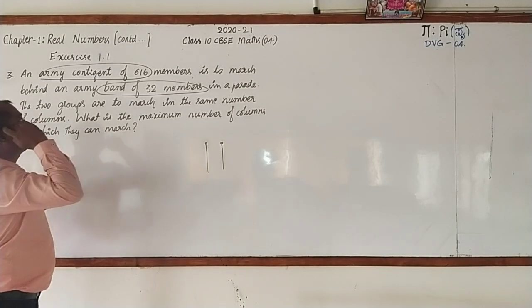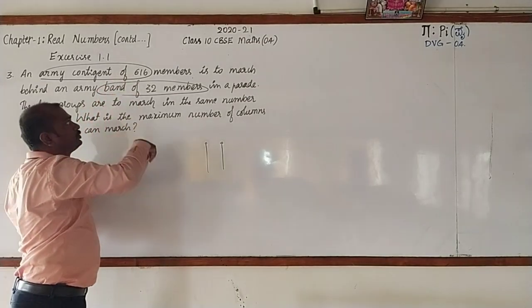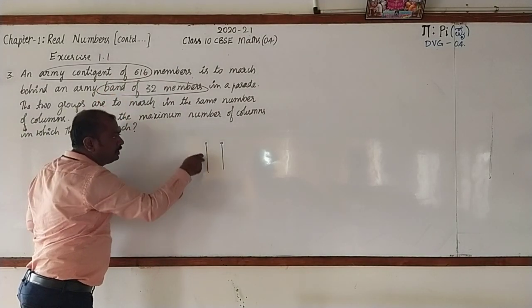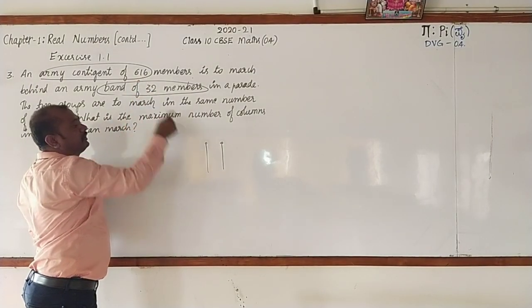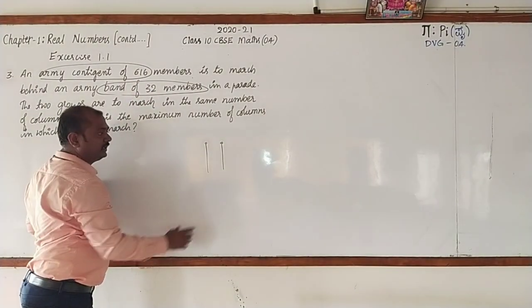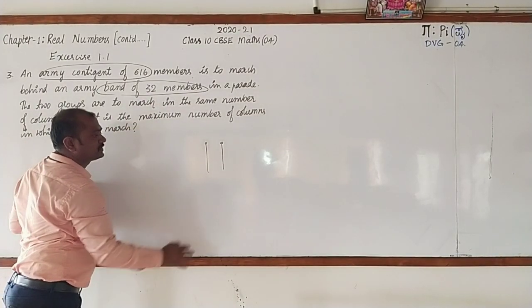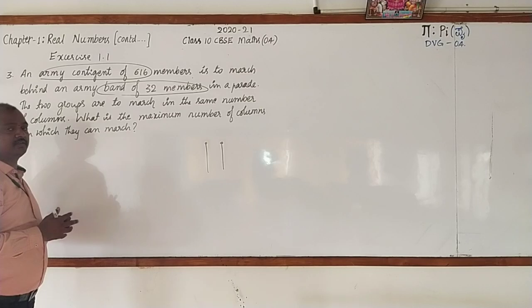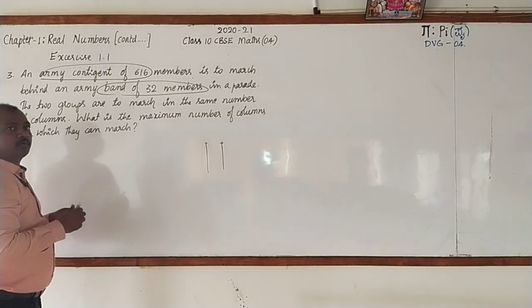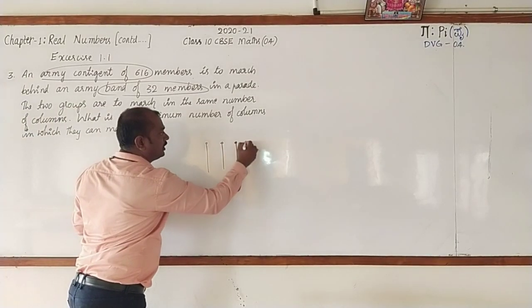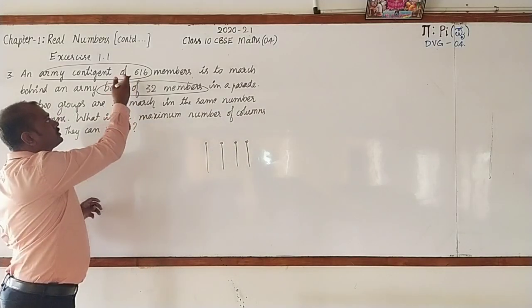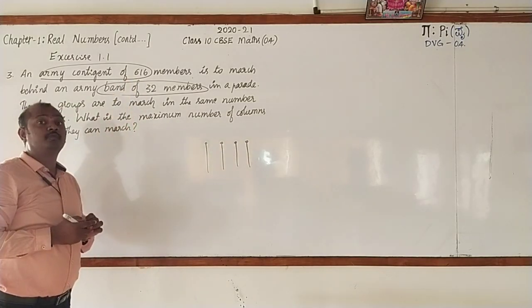If you arrange them in two columns, of all 616, in one column 308 will be there, another column 308 will be there. Here 32 are there. In one column 16 and 16, it will be exact, right? Even you can go for making 4 columns because both the numbers are divisible by 4.